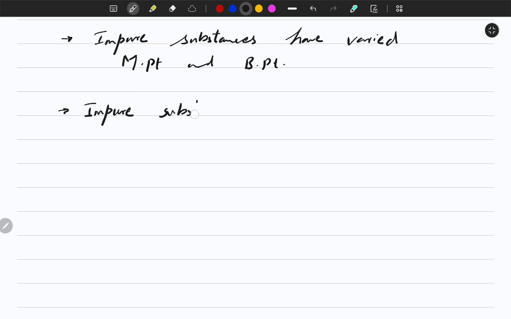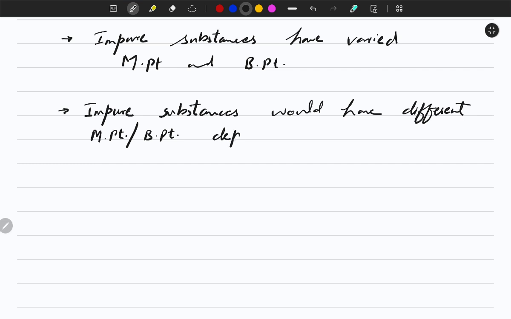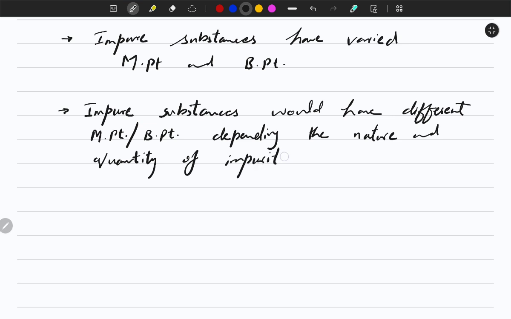Impure substances would have different melting point and boiling point depending upon the nature and quantity of impurities added.